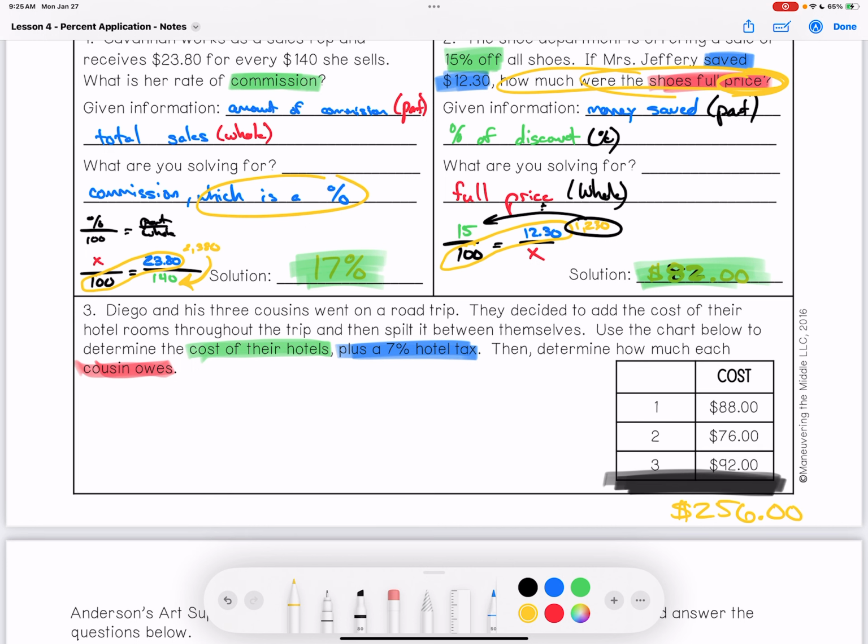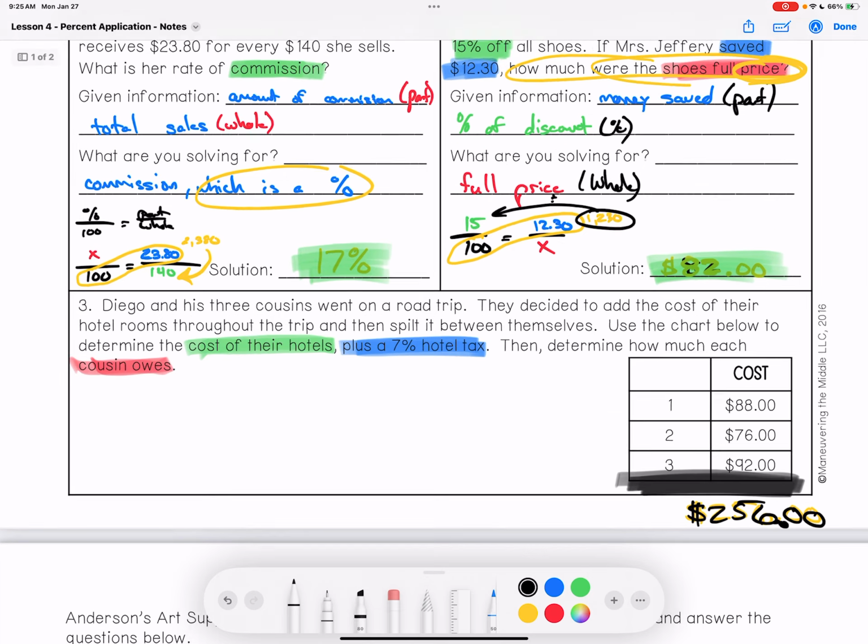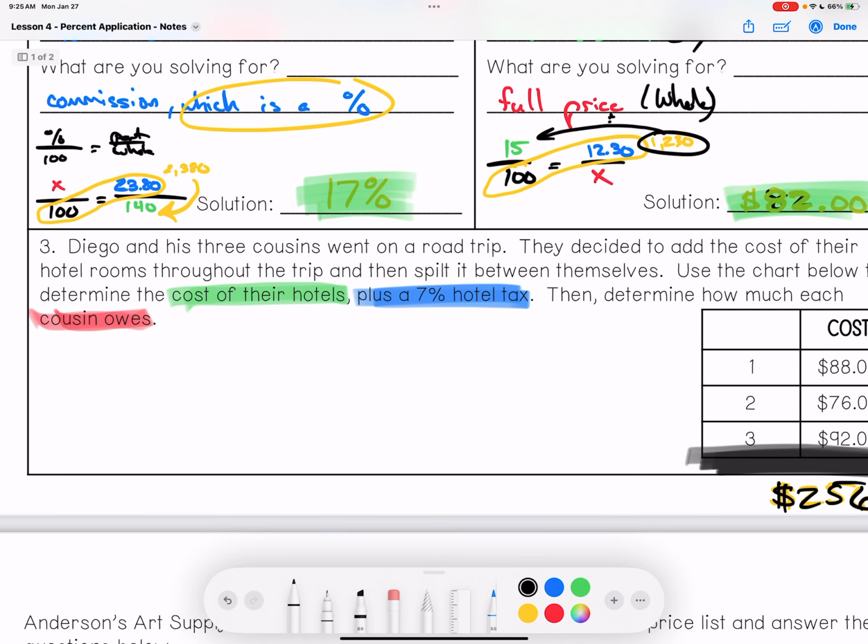Okay? Plus 7% tax. So the tax is what? 7%. So it goes where? Right there.